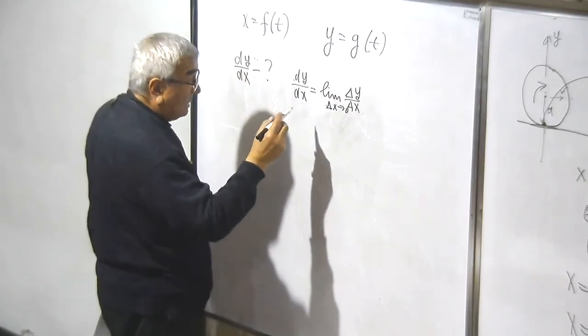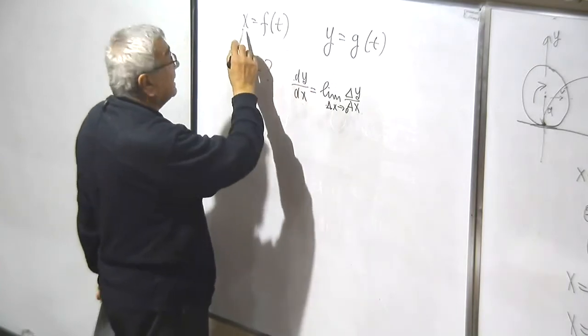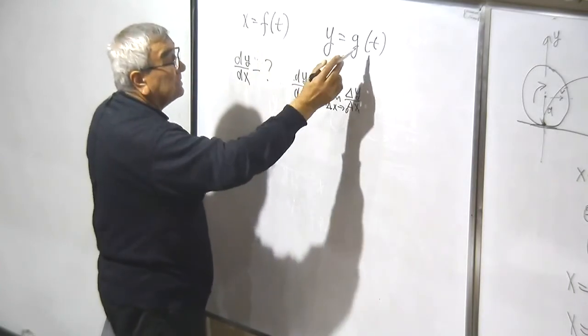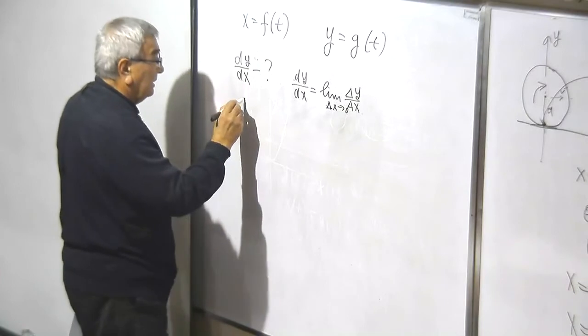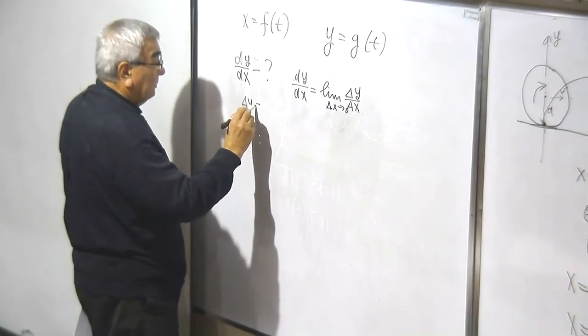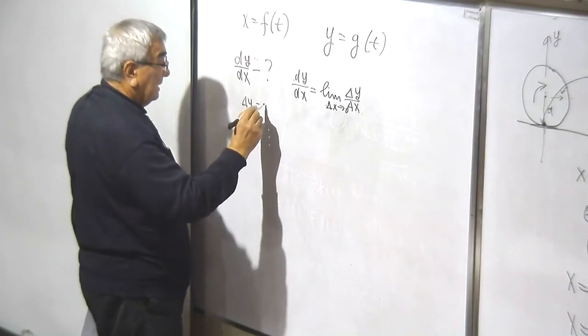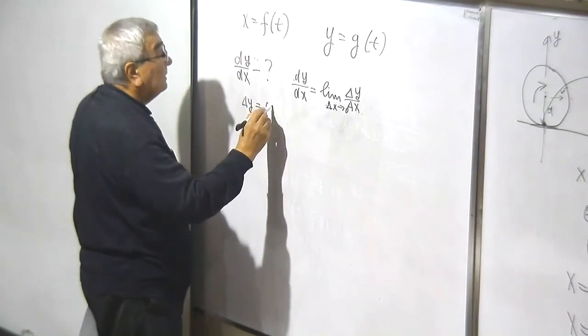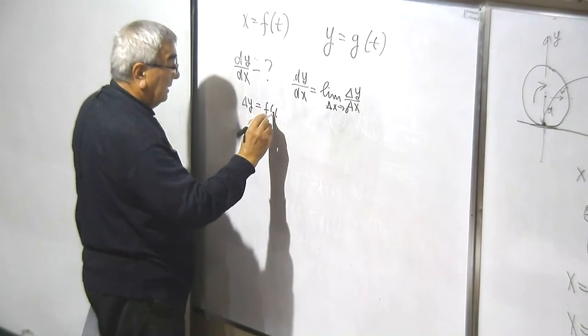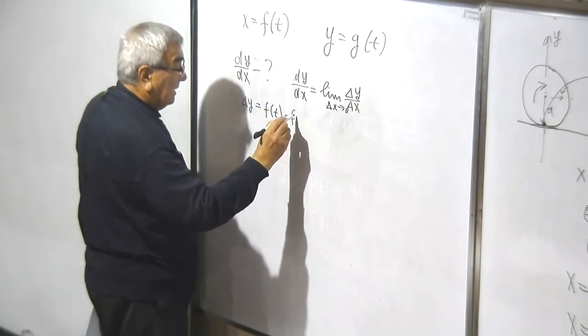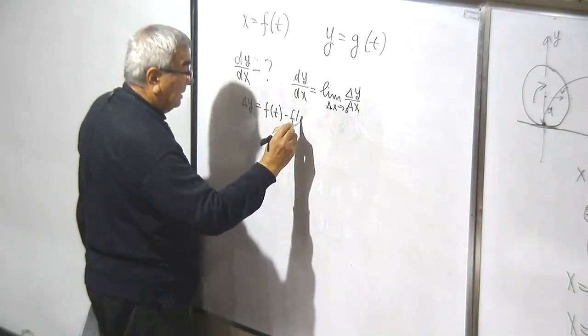Let us now, because x depends on t, that means it also changes. Therefore, delta x is possible to write as f(t) minus f(t0).